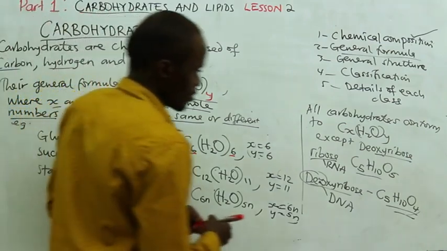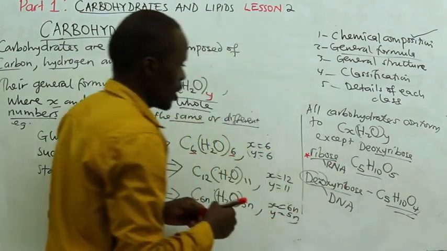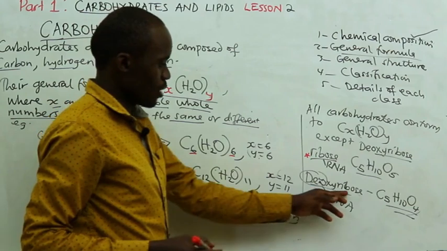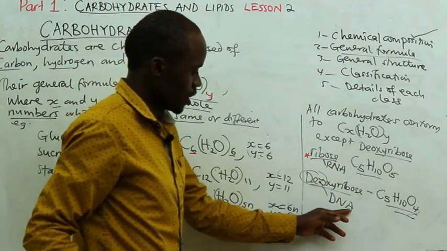If you look at the difference, ribose is the carbohydrate which is found in RNA, and deoxyribose is the carbohydrate which is found in DNA.